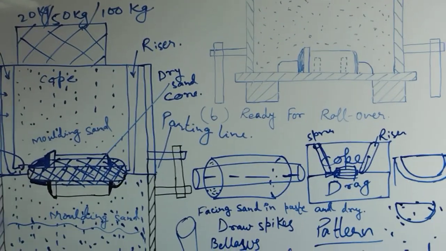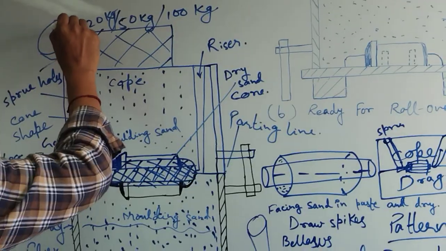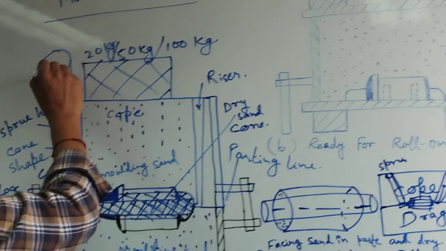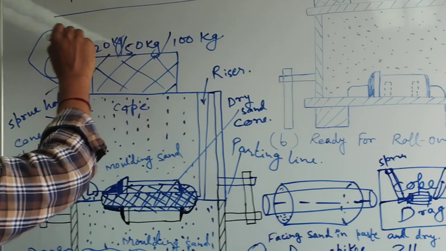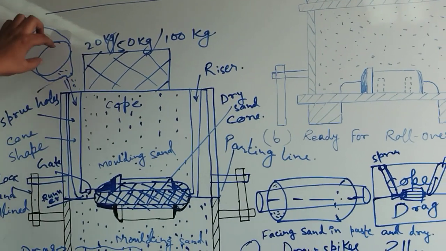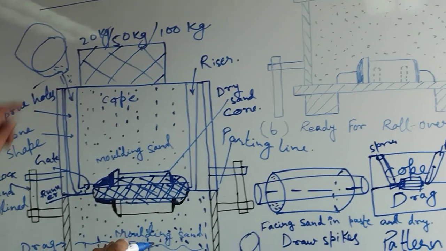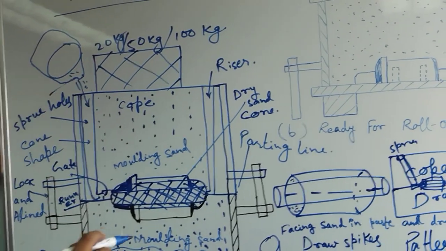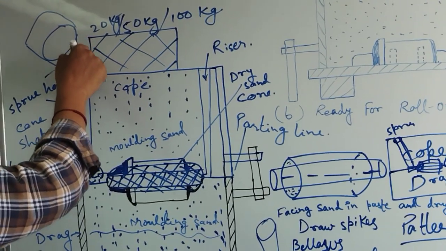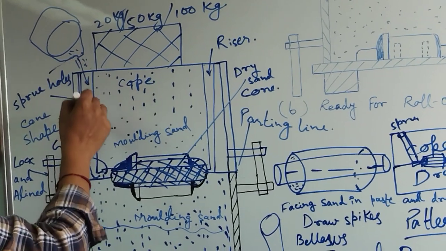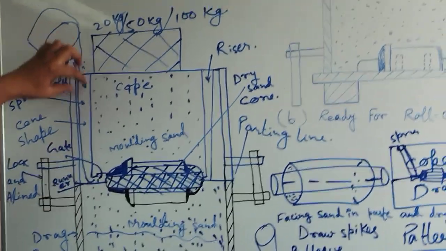When pouring molten metal from the ladle onto the pouring basin, the metal comes through the sprue hole, and through the gate, with a certain flow velocity.